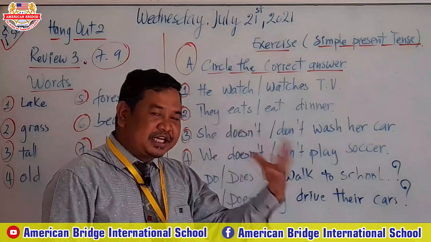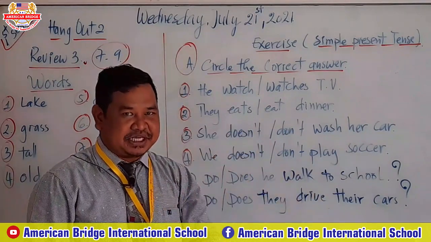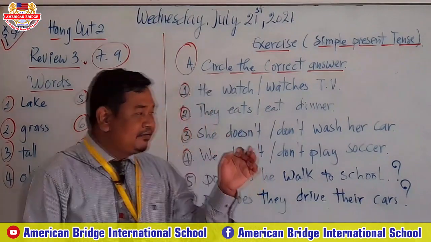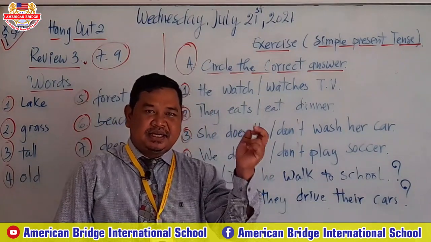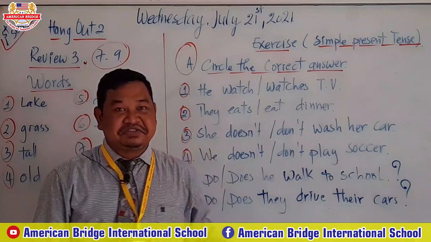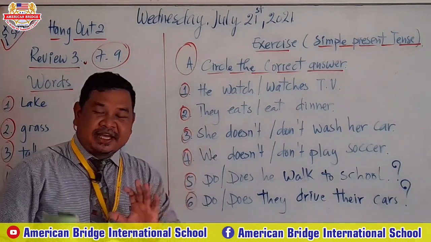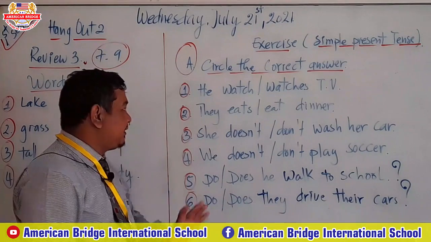So for things you do every day, you have to use the present simple tense. And in present simple tense, we have three kinds of sentences: positive sentences, question sentences, and also negative sentences. I have already explained to you how to use it.